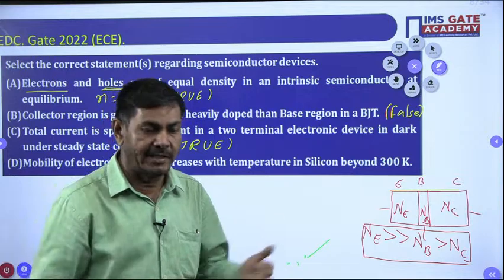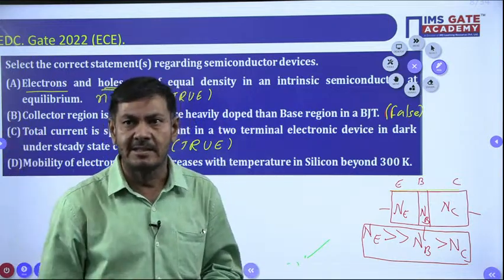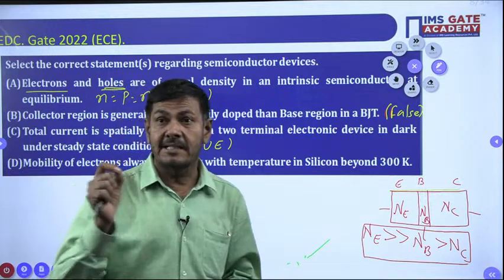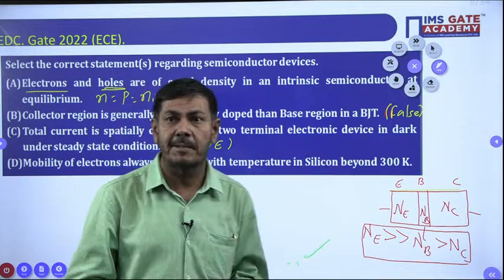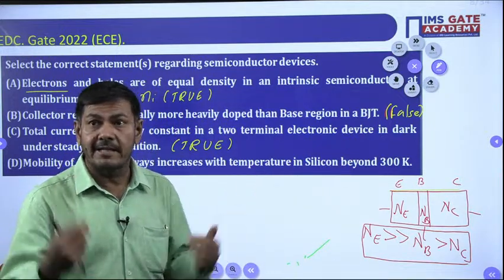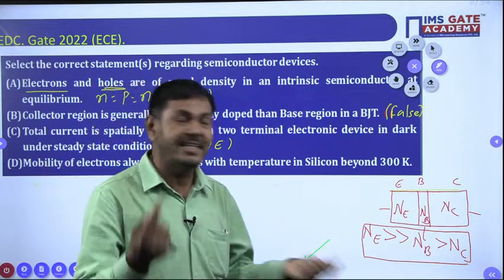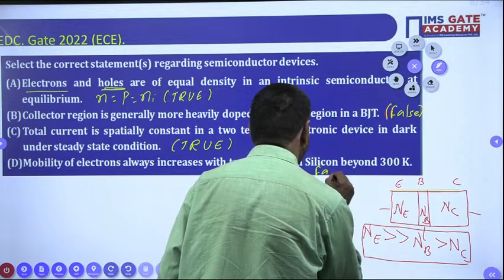When they move in a zigzag path, it takes more time to reach the terminal. That's why, when the temperature is increased beyond 300 Kelvin, the mobility of electrons will be decreasing, it won't be increasing. That's why this is 100% false.